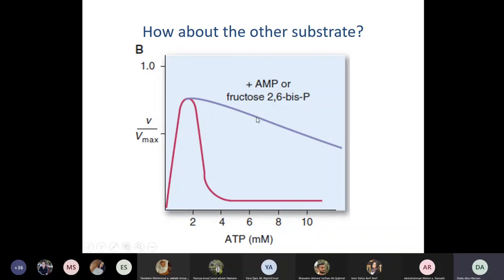Okay? Whenever I add fructose 2,6 bisphosphate, the positive regulator, or AMP, again a positive regulator, notice that at higher concentrations of ATP we still have higher activity of the enzyme.